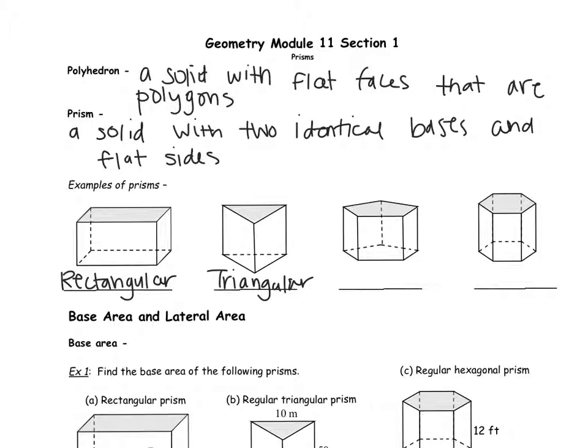Next, we have a solid with pentagonal bases, so it's a pentagonal prism. And then lastly, our bases are hexagons, so we have a hexagonal prism. As you can tell, the way we name a prism is based on whatever those bases are. Whatever the shape is, that's what defines our prism.